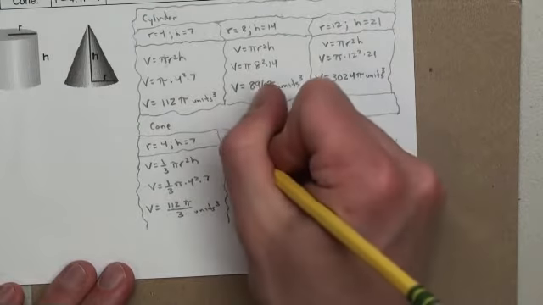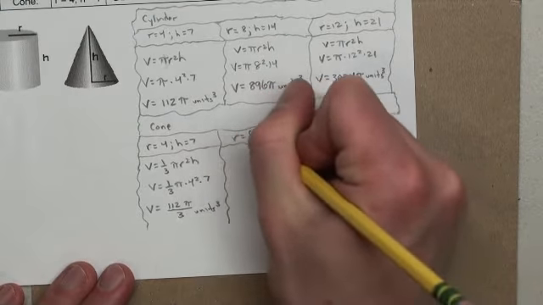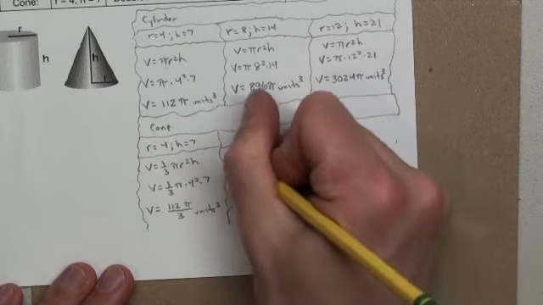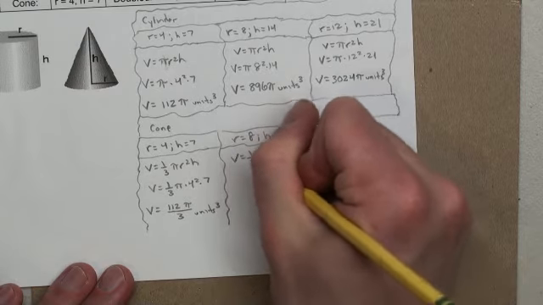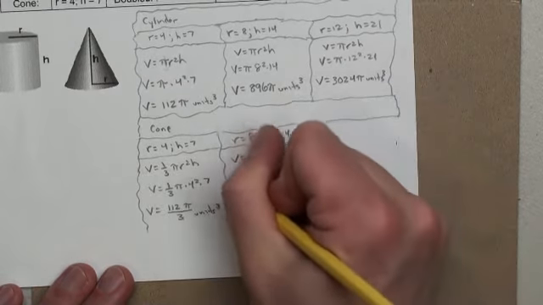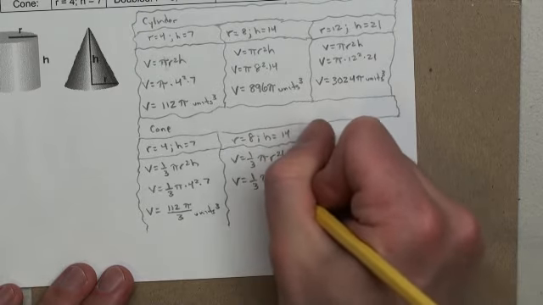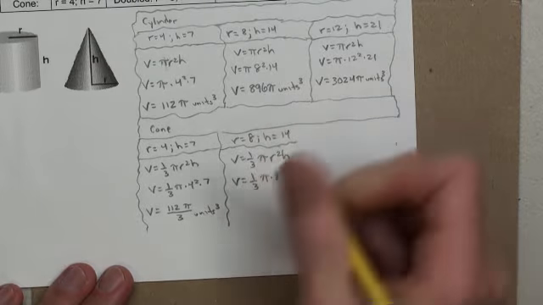Next one, R is 8, H is 14. Volume is 1/3 pi R squared H, volume is 1/3 pi times 8 squared times 14.